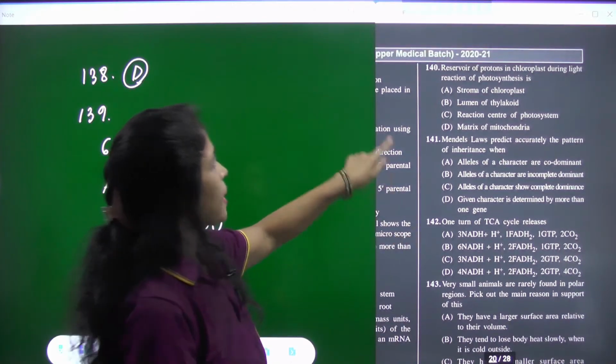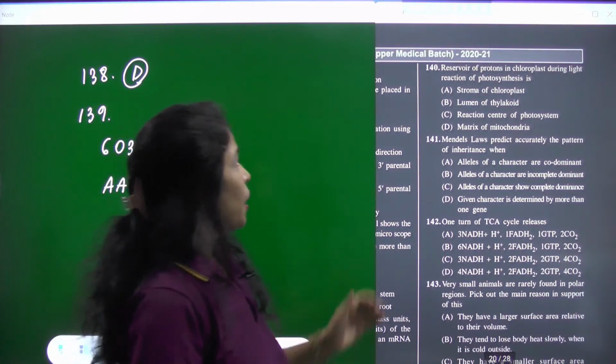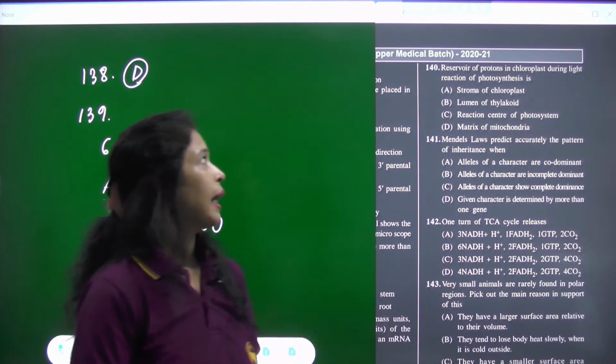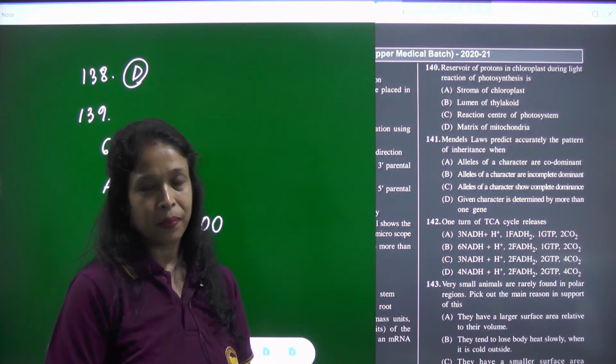Okay. Next, 140. Reservoir of protons in chloroplast during light reaction of photosynthesis.